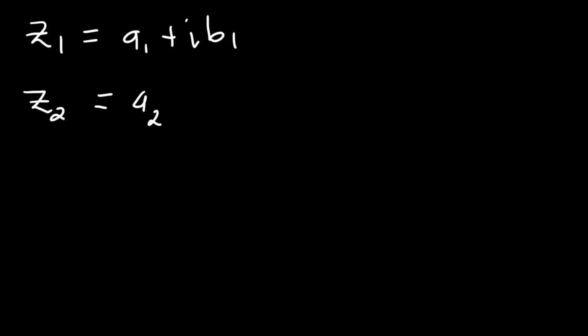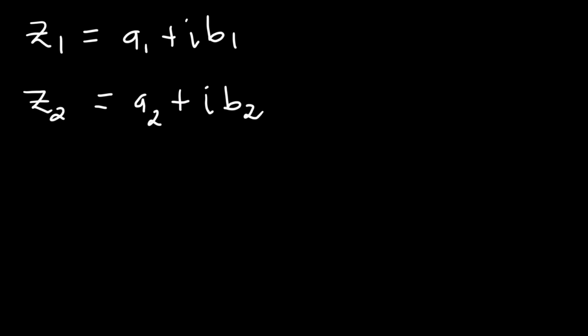Now let's look at the addition of complex numbers. If you have the complex numbers z1 equaling a1 plus i times b1, and z2 equaling a2 plus i times b2.